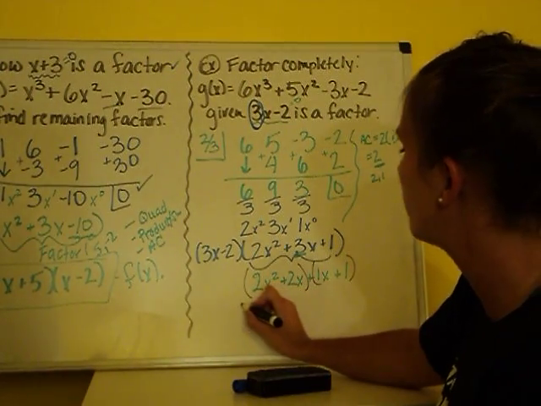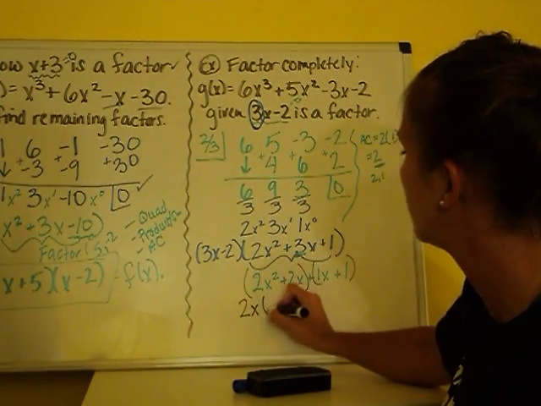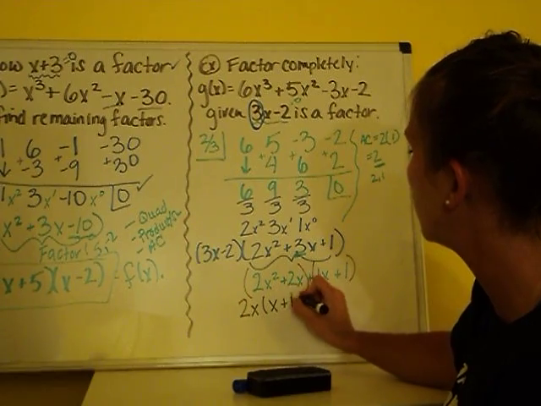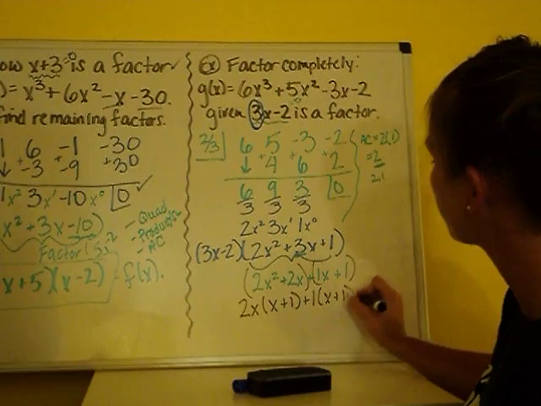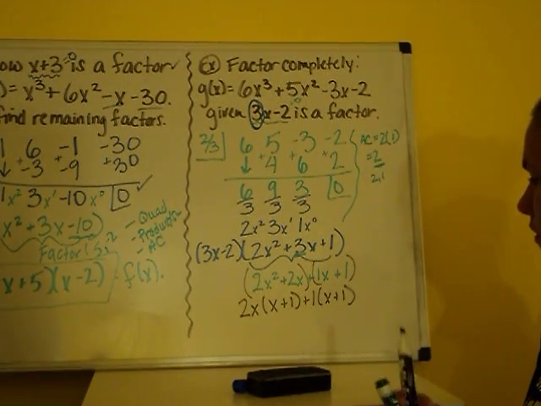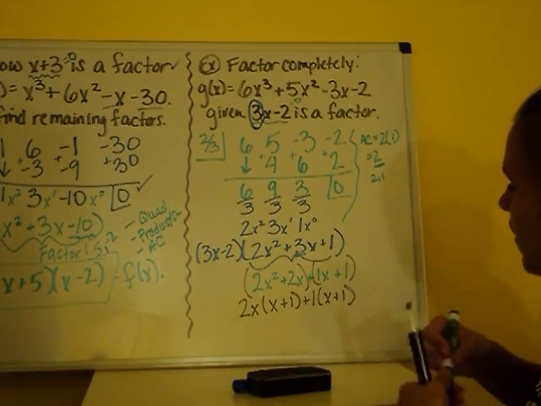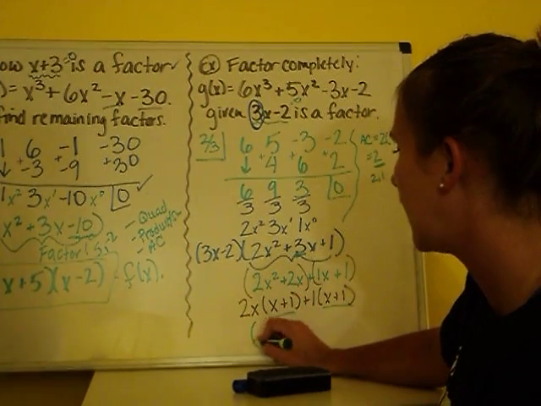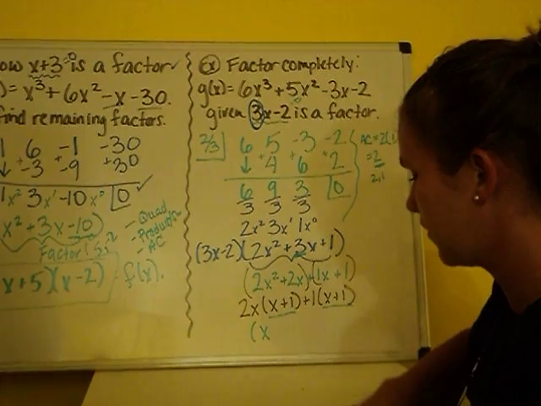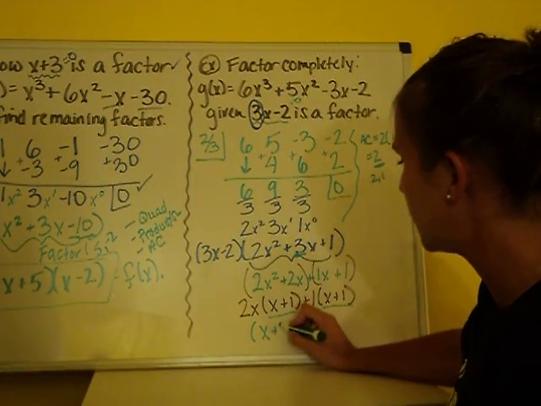So these two, I'm going to pull out a 2x and get x plus 1. This one, I just have a 1 to pull out. That's all I get. Okay? These both have x plus 1 in common. So I pull out that x plus 1. Can you see that? Pull out that x plus 1.